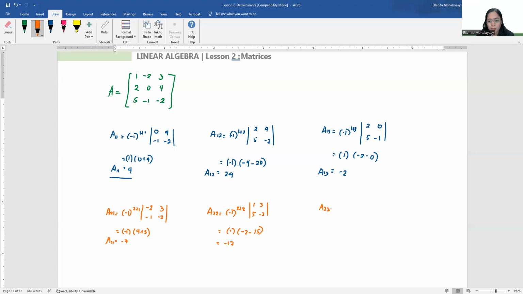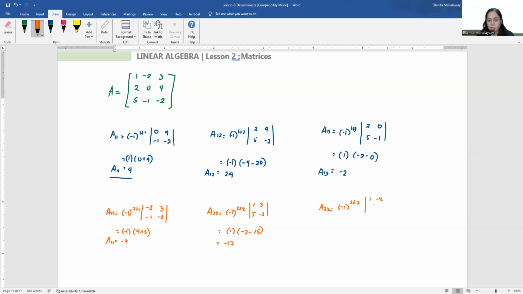Then A23 is equal to negative 1 raised to 2 plus 3 times the determinant of a matrix formed by deleting the second row and the third column. So we have 1, negative 2, 5, negative 1.